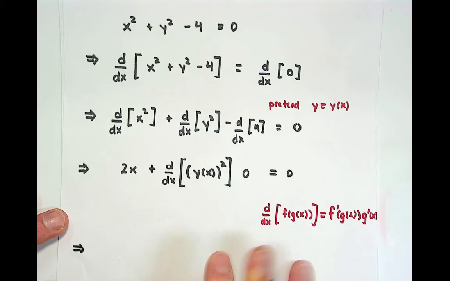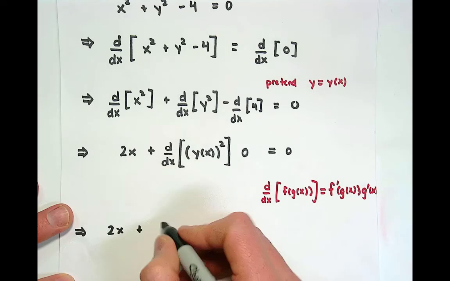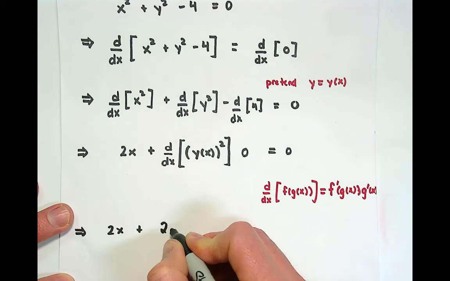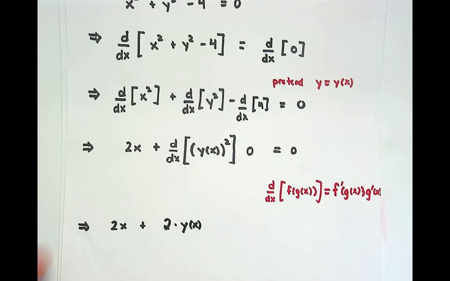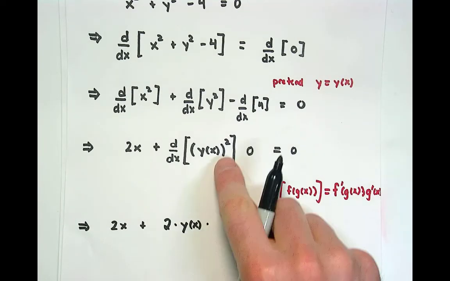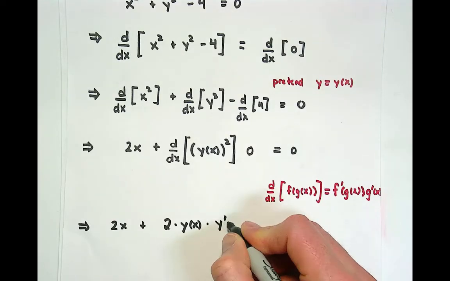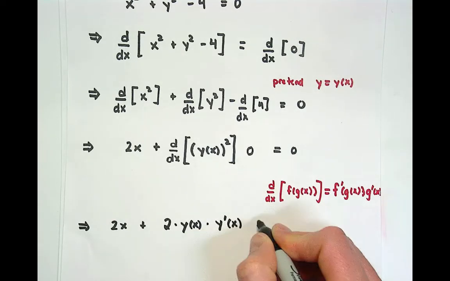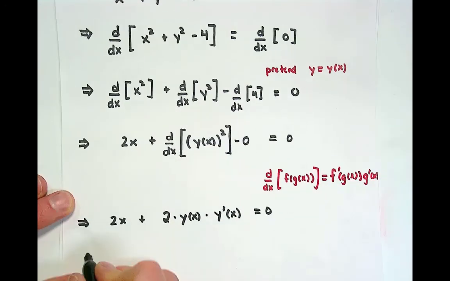So when I take this derivative, I'm going to say, okay, here we have 2x plus, derivative of the outer function is 2 times whatever's on the inside, and then now I'm going to take the derivative of the inside function. So this thing would be y prime of x. And then, of course, this is minus 0, which does nothing.